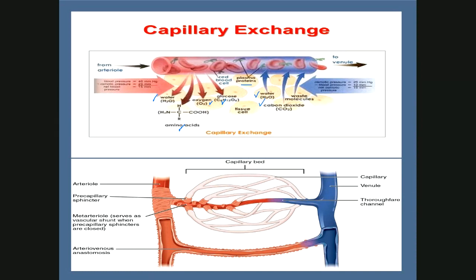And here's an image of the arteriole. The precapillary sphincter closes off, therefore allowing the blood to go directly through a thoroughfare channel from the arteriole into the venule.